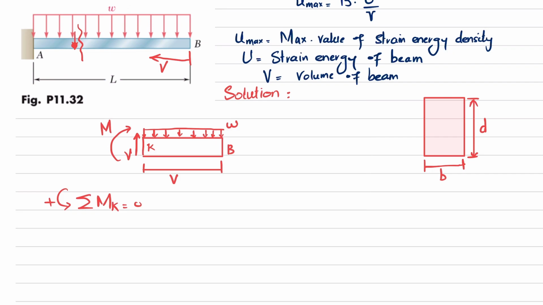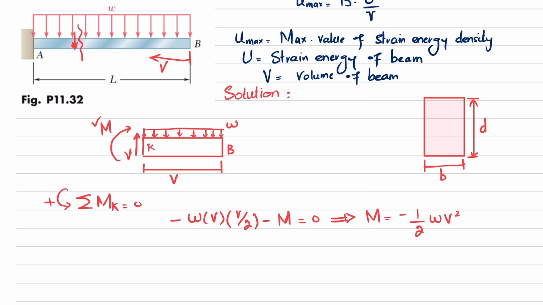So I will write minus W into V, acting at a distance of V by 2, minus this moment which is clockwise. Their sum must be equal to 0. So from here you will get the moment M equal to minus 1 over 2 W V square.